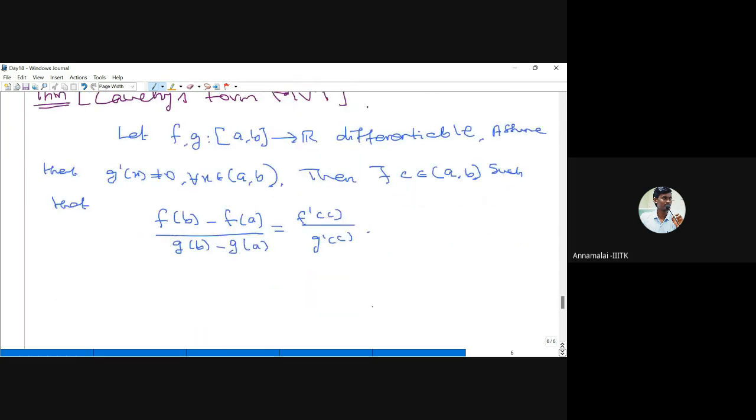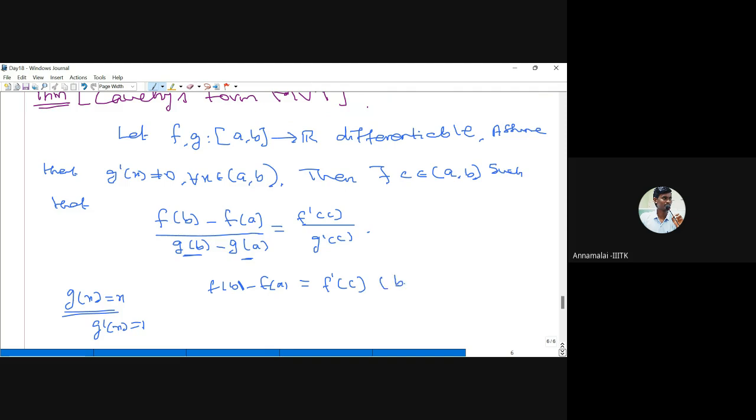If we take the particular case g of x equal to x, the identity function, you get the mean value theorem, because the derivative of g of x is always 1. Therefore on the right hand side we get f dash of c divided by 1, and this equals f of b minus f of a over g of b minus g of a. But g of b is b and g of a is a.